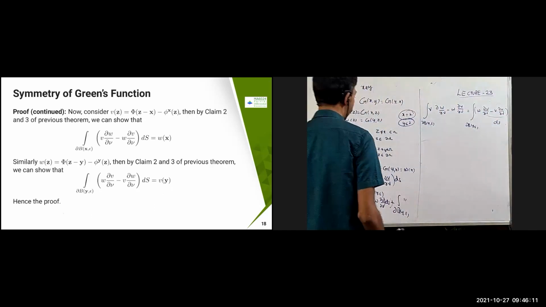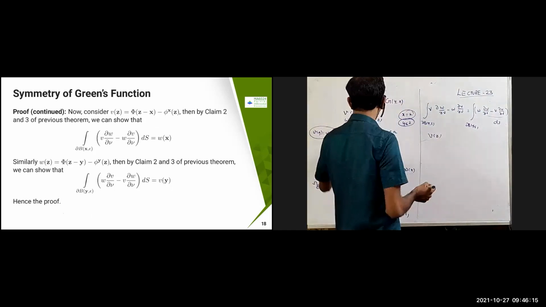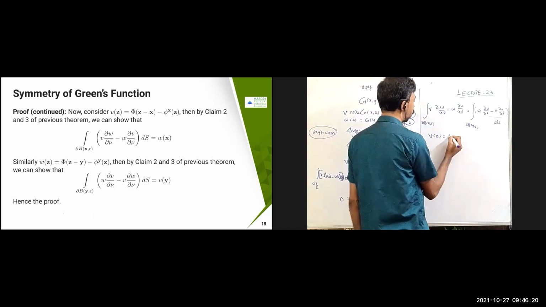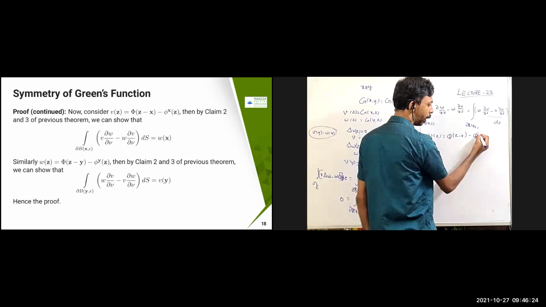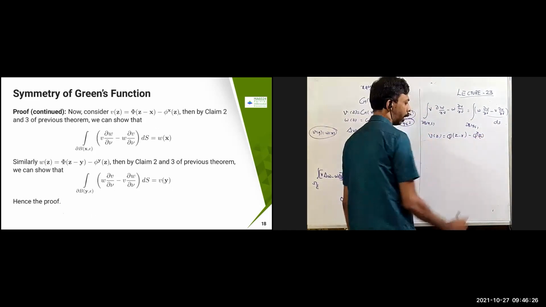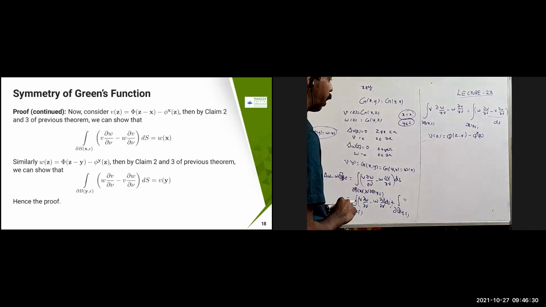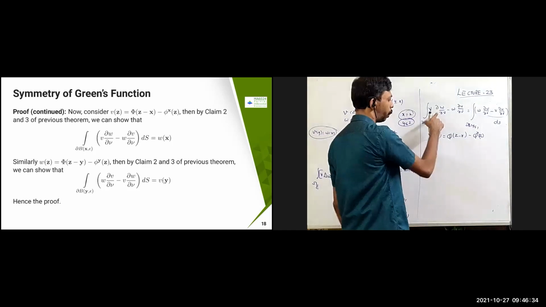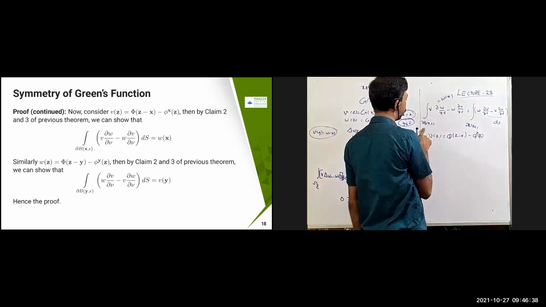Now let us consider our V of z as follows. Because it is a Green's function, I am just going to apply the definition of the Green's function: the fundamental solution Φ(z − x) minus the corrector φ^x(z). Then from the previous theorem, if you apply that here, the left hand side is going to become W(x), because x is the center.